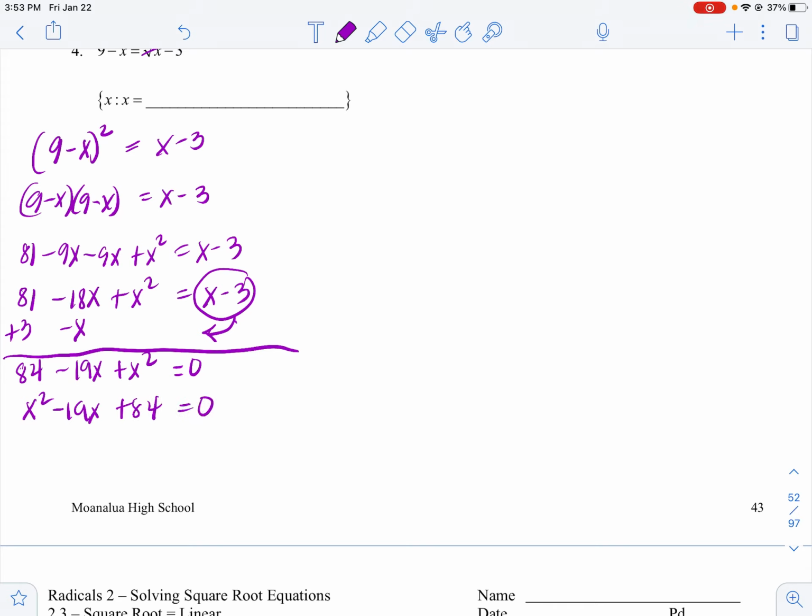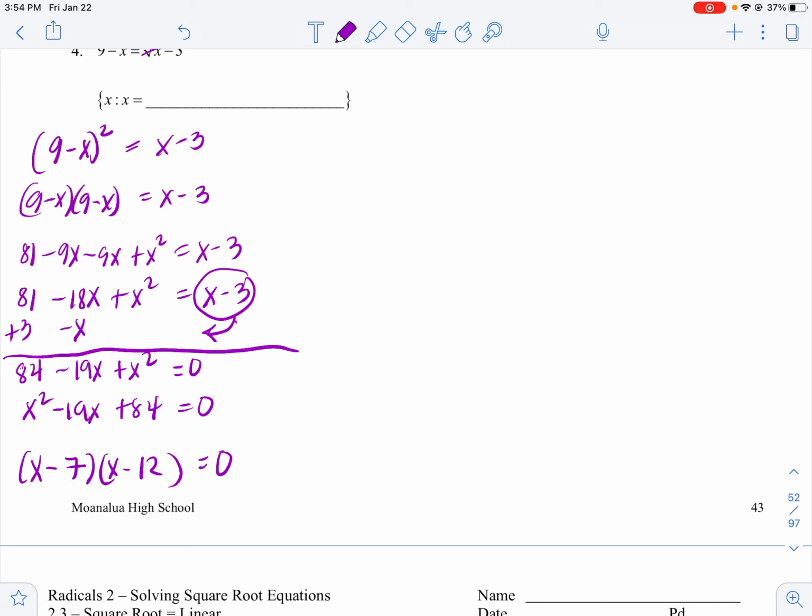So what are we looking for? We're looking for two numbers or factors of 84. Two numbers that when we multiply, we'll get 84, and when we add, we'll get negative 19. So what about 12 and 7?